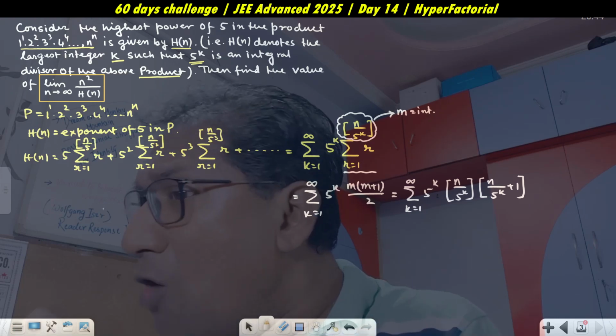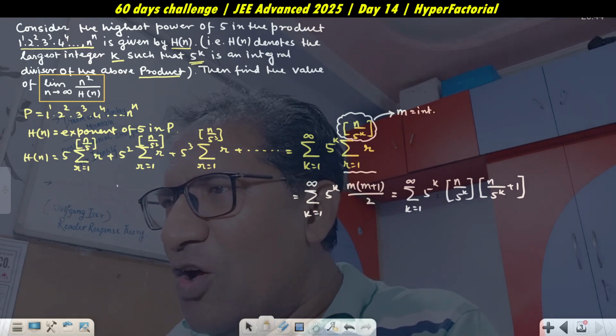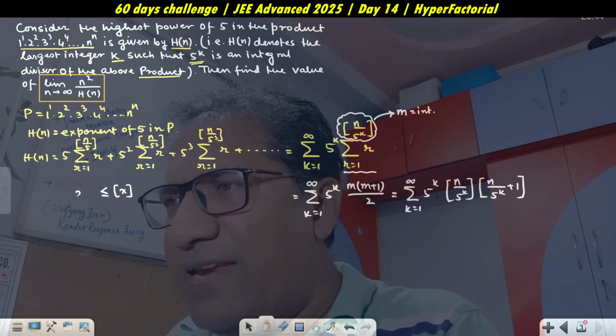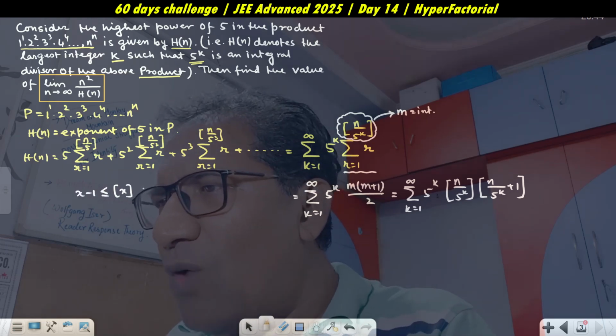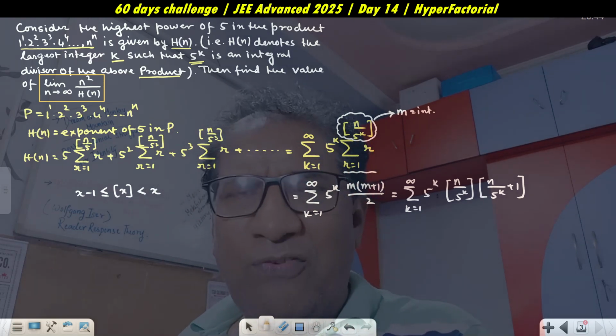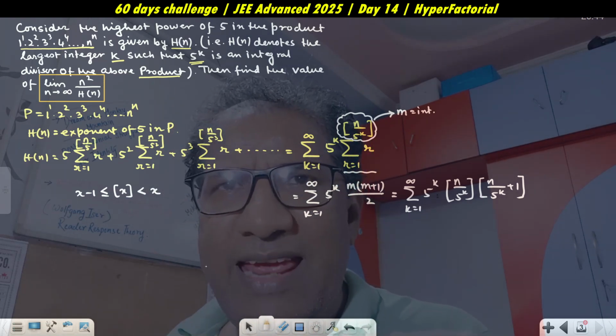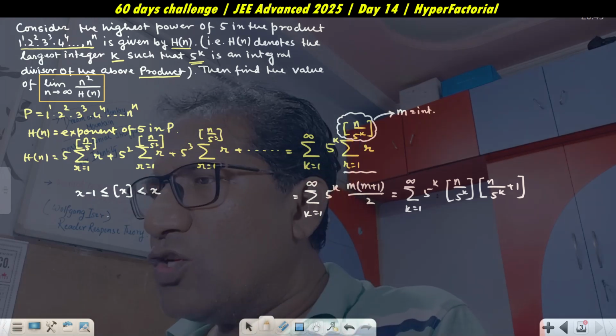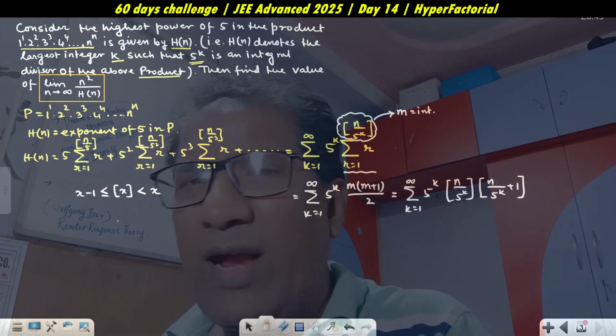Okay, so now we know that floor of x always lies between x minus 1 and x. Do you accept this? Okay. So now can we write this? Look at it very carefully.